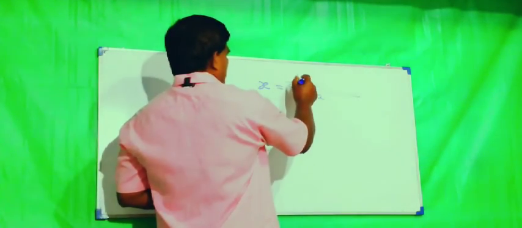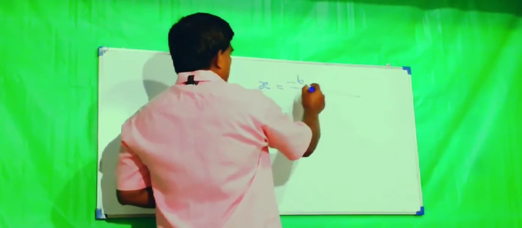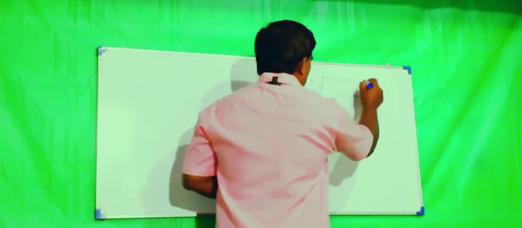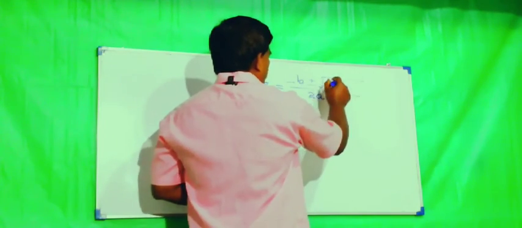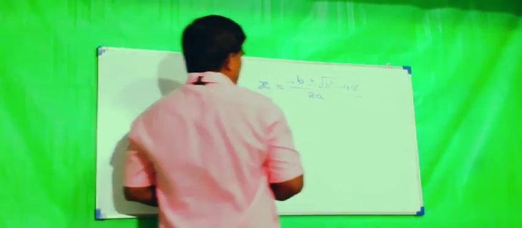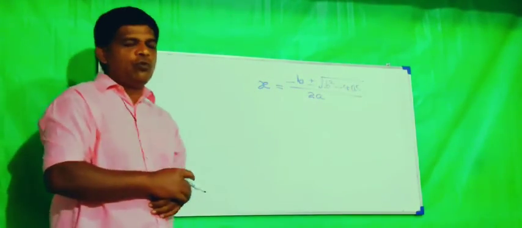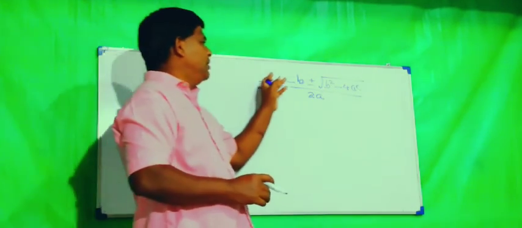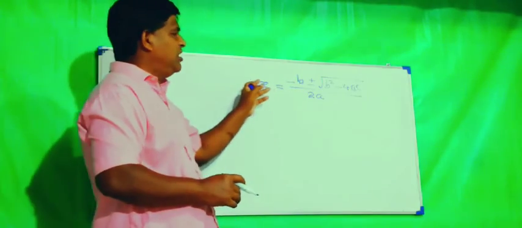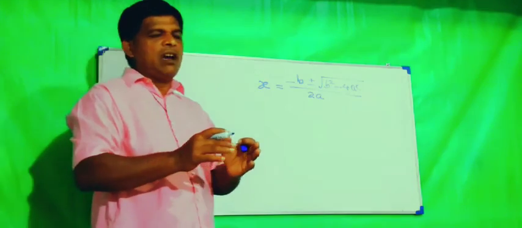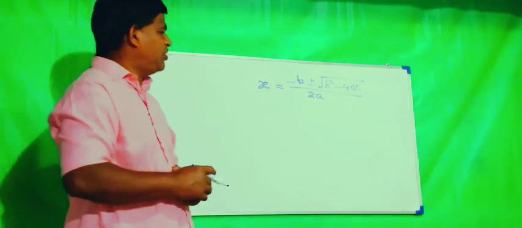Then plus or minus the square root of b squared minus 4ac. This is the formula to be used to solve quadratic equations hereafter. The second and third methods, completing the square and the formula, are used for non-factorizable equations.